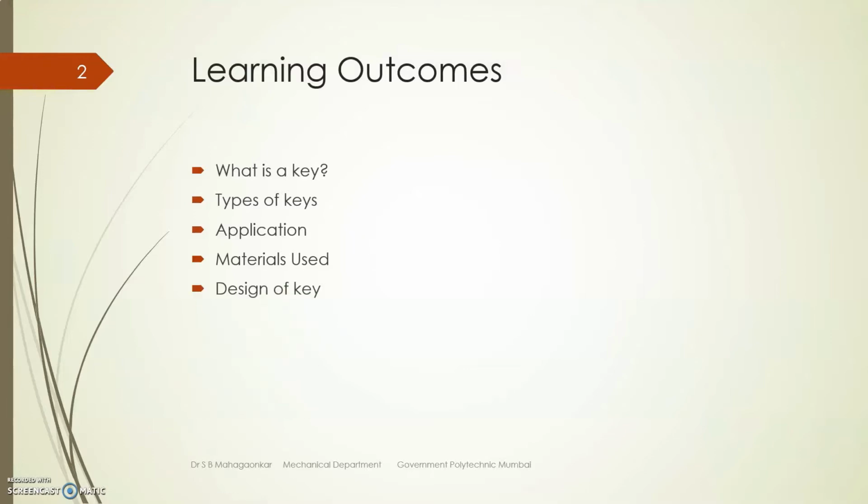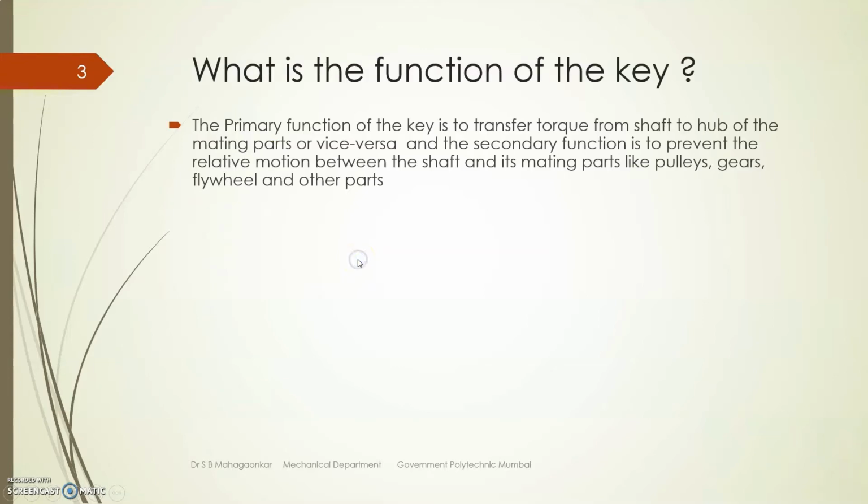In the design of keys, we are going to discuss the square sunk key or flat sunk key. The main function of the key is to transmit the torque from the shaft to the mating parts, the hub, pulleys, gears, flywheels, and other devices, so that we can transfer the torque to the other shaft.